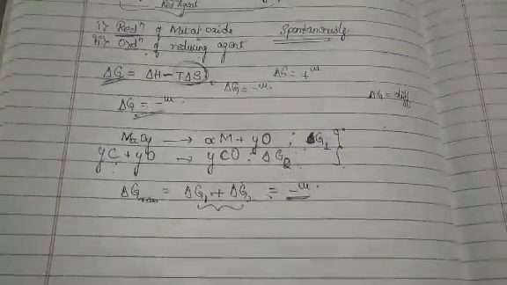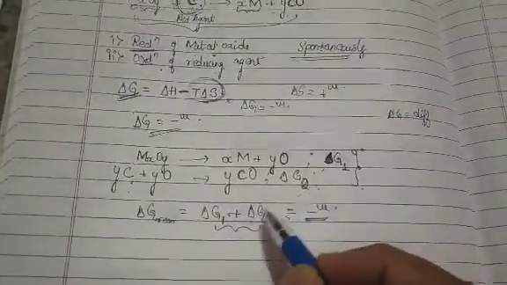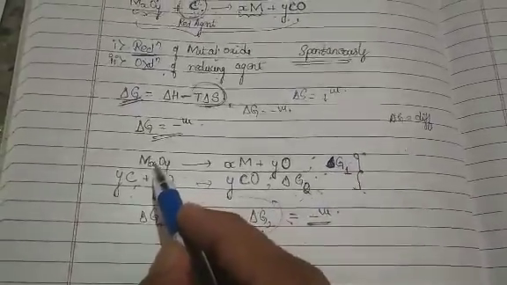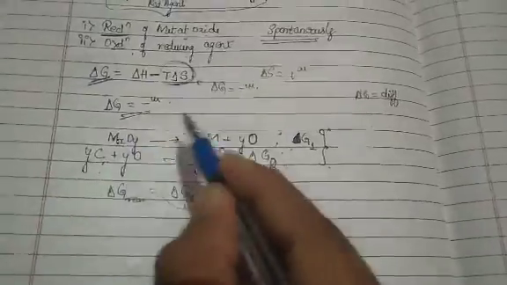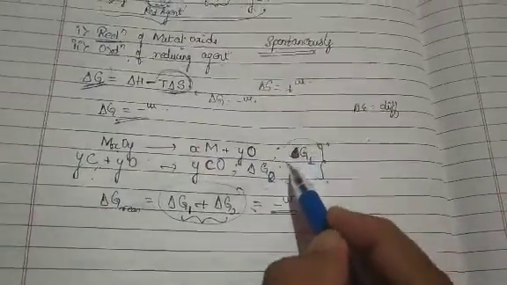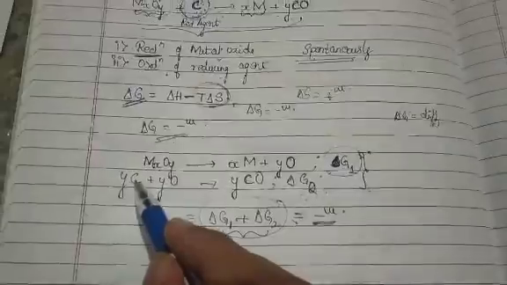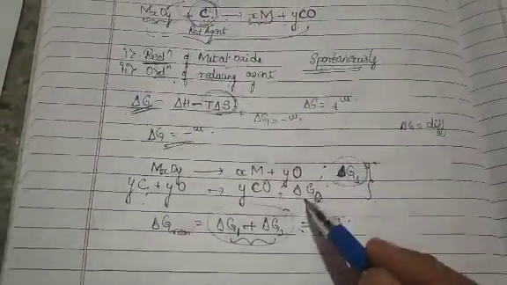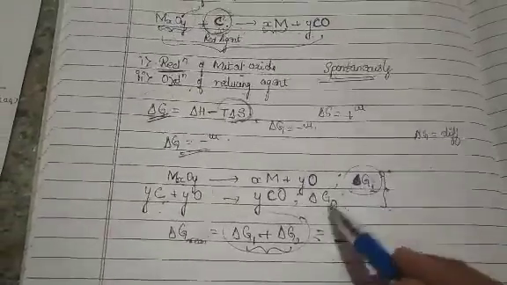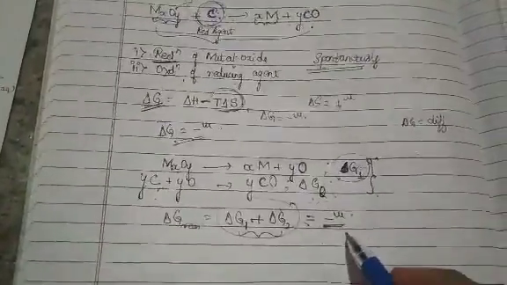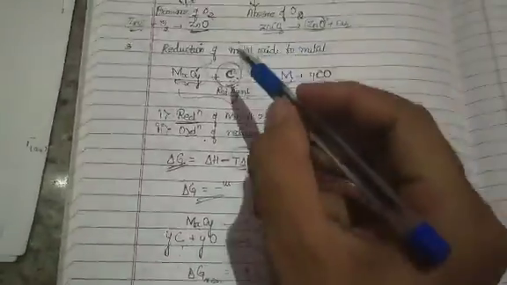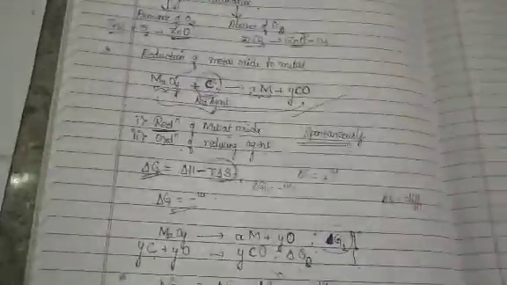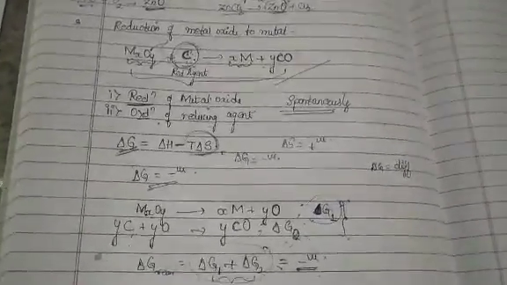So now we came to know that when you take the sum of delta G1 and delta G2, that is, the reduction of the metal oxide to the metal with its delta G, and the oxidation of the reducing agent calculated as delta G2, that is the coupling of these two reactions. Coupling means nothing but adding these two reactions. If you are getting a negative, that means what? The reducing agent you have chosen is proper for that particular temperature.